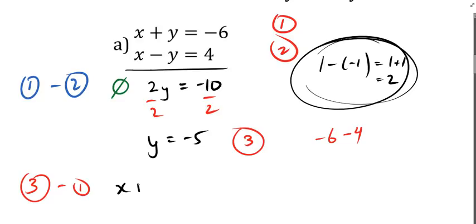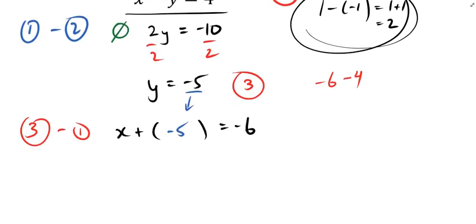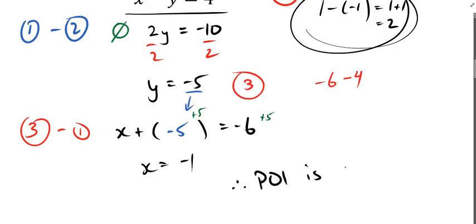So this is x plus, we're subbing for y, equals negative 6. So y is negative 5, that goes in there. And I'm going to add 5 to both sides, and x is negative 6 plus 5, which is negative 1. Therefore, the point of intersection is negative 1, negative 5.